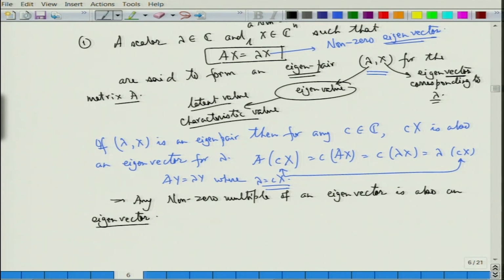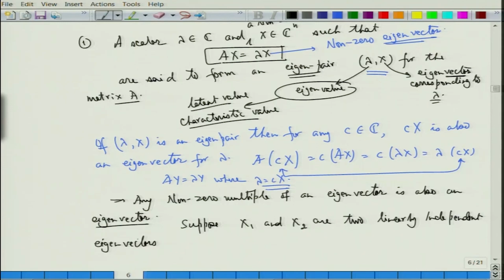Further, suppose x1 and x2 are two linearly independent eigenvectors for lambda. Lambda is the same, all right. So then what we are saying is that A x1 is equal to lambda x1 and A x2 is equal to lambda x2.